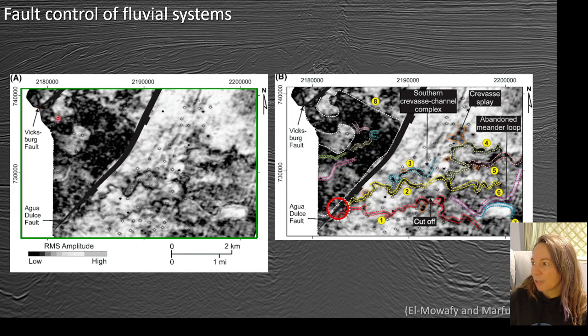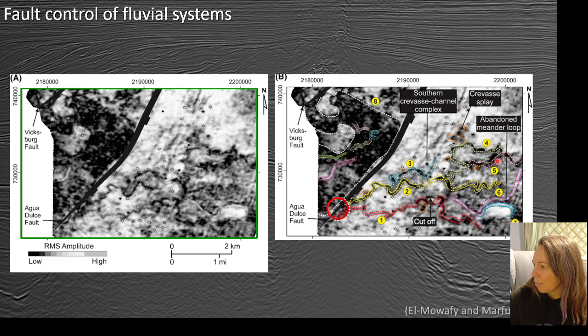We've got a few other faults in the system, but you can start to pick out, in this case, let's focus on this side, the channel system. And here where we've got crevasse splays, we've got some meander loops, one of them which is abandoned, which we would expect in a system like that.